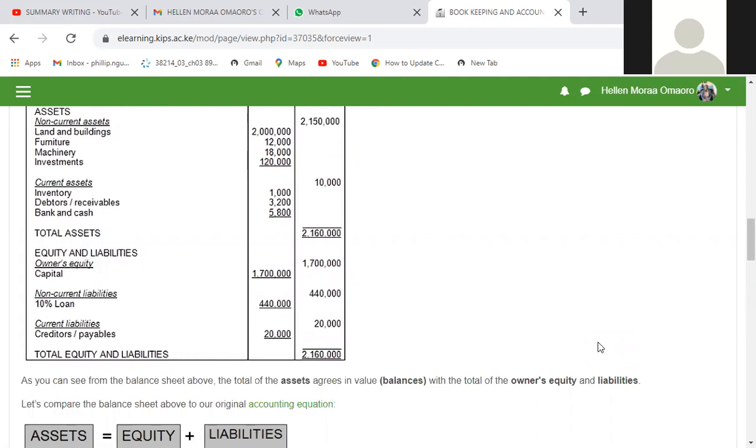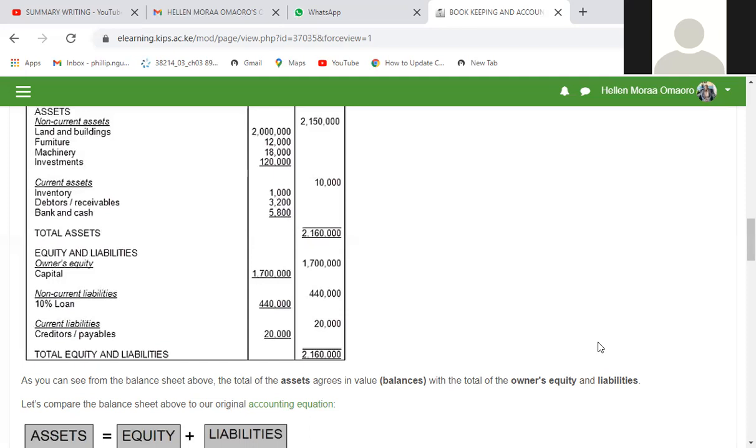Then for us to know where the money came from, we must understand the owner's contribution, that's the equity, and then the other people's contributions, that is the liabilities. We get the total of the two. Now the total of the two should be equal to the total assets. That's what you must make sure are equal.